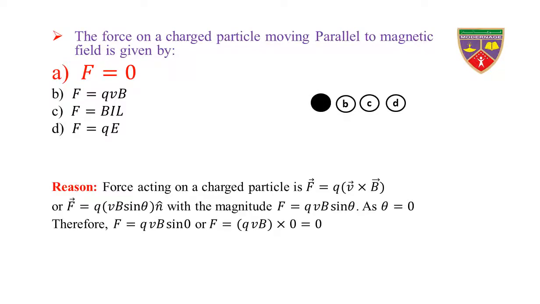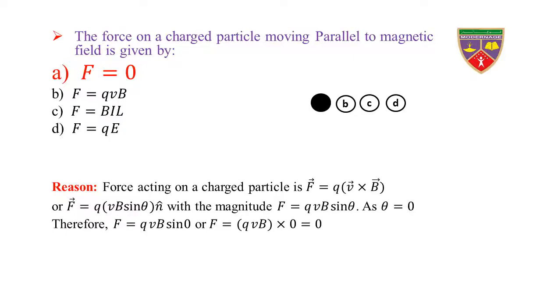Reason: force acting on a charged particle is F vector is equal to Q into V vector cross B vector, or F vector is equal to Q into VB sine theta into n unit vector, with the magnitude F is equal to QVB sine theta.